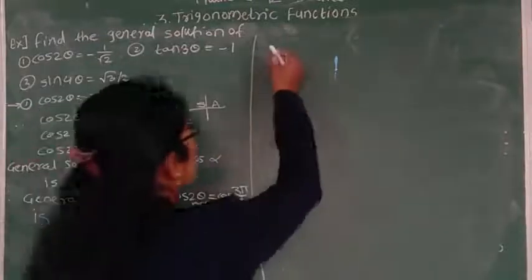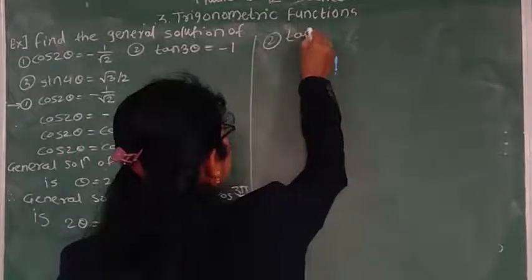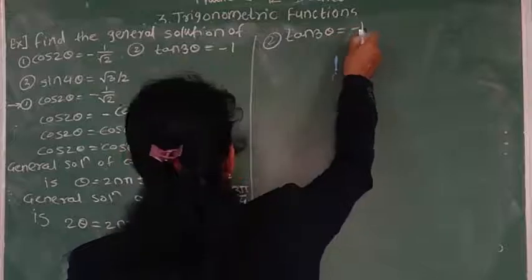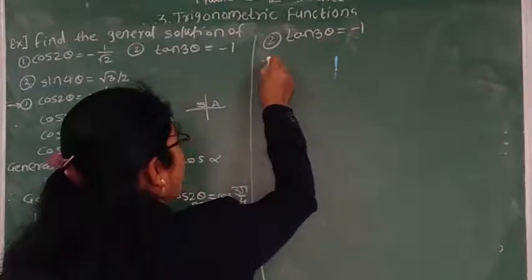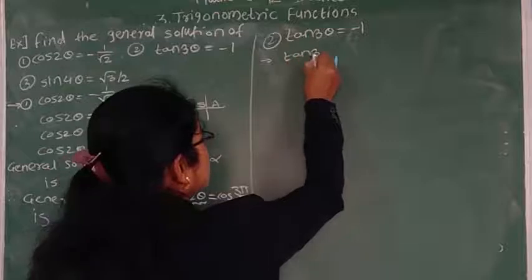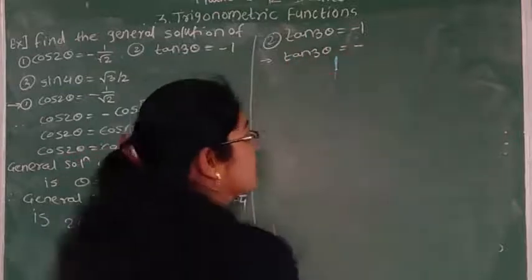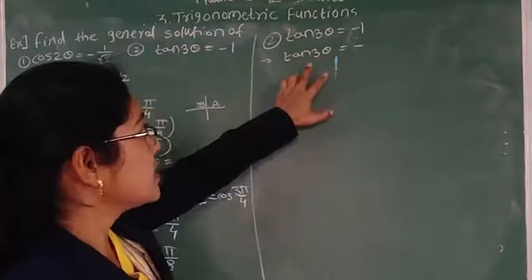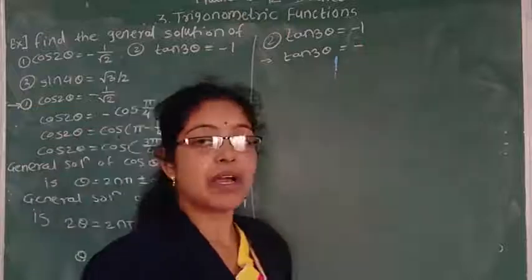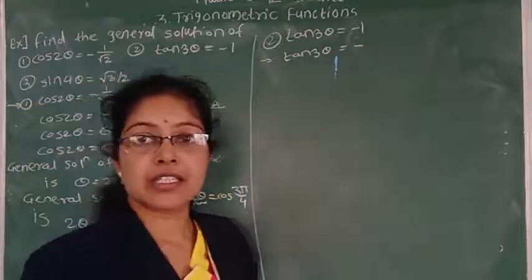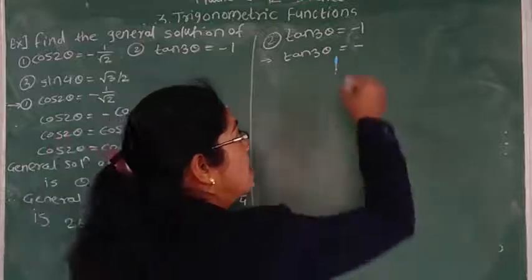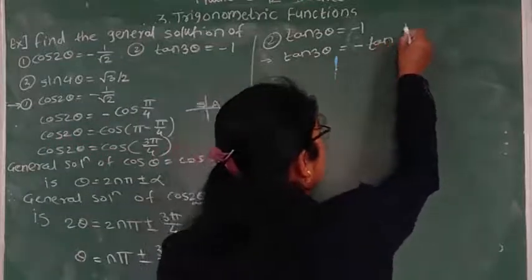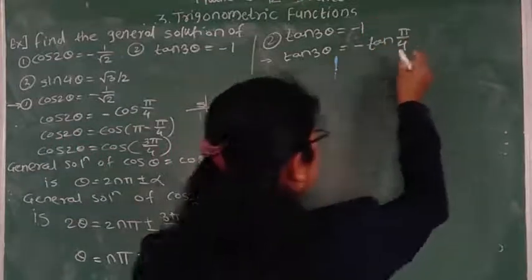Now second is tan of 3 theta is equal to minus 1. So tan of 3 theta is equal to minus of 1. When will the answer be 1? sin pi by 4 and cos pi by 4 are the same, 1 upon root 2, so tan of pi by 4 is 1.